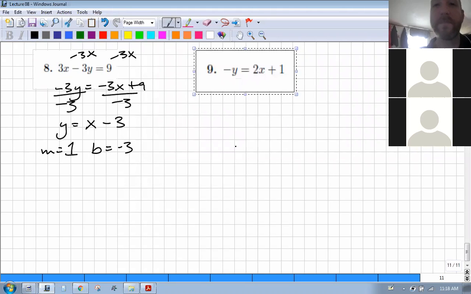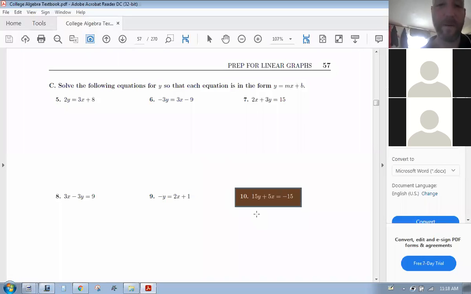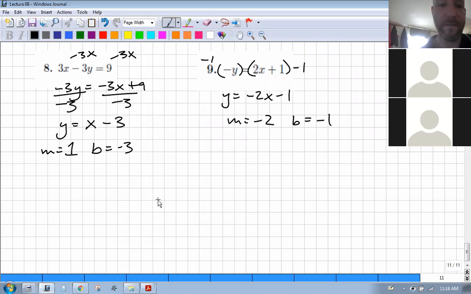Here we just need to multiply everything by a negative 1. So we get y equals negative 2x minus 1. So our m is negative 2 and our b is negative 1. Next, let's subtract 5x from both sides.